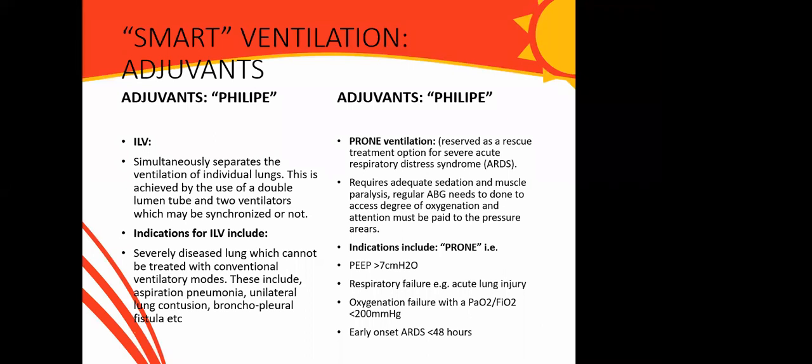O is when oxygenation has failed. And when you have early onset ARDS, all right, occurring in less than 48 hours, you want to give the patient prone.